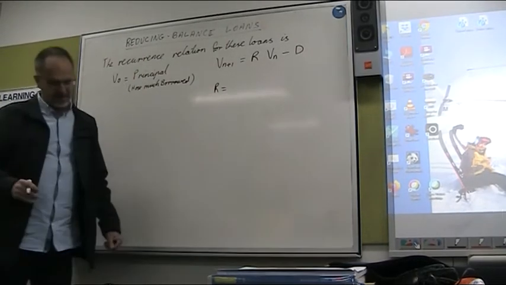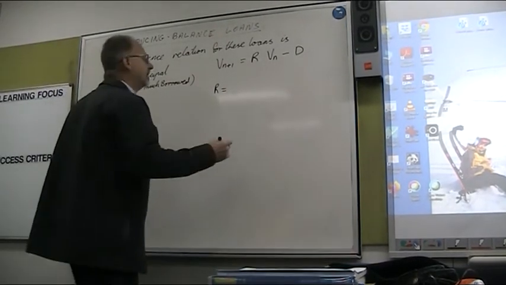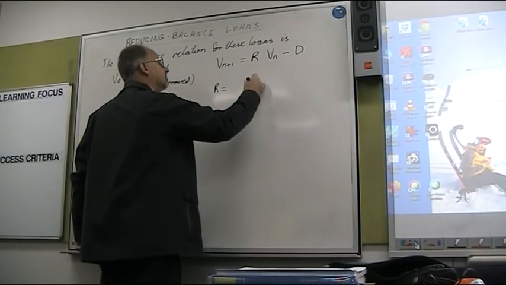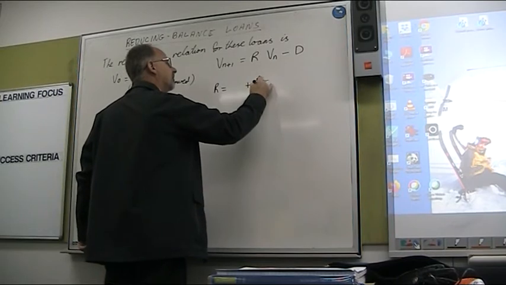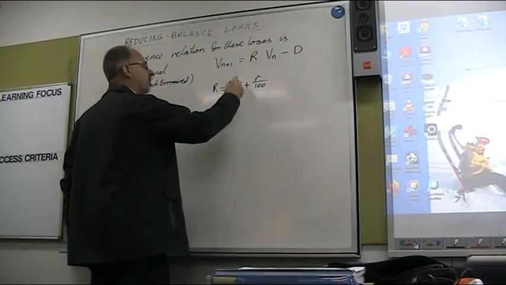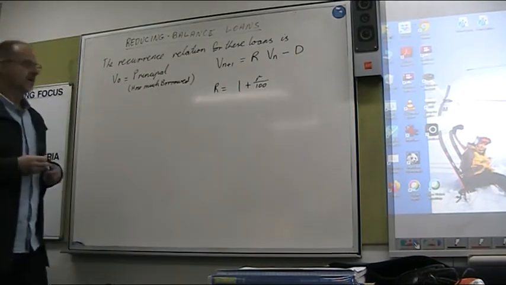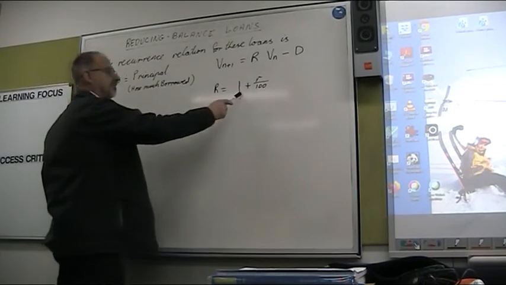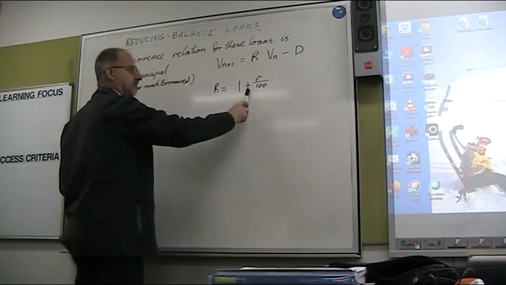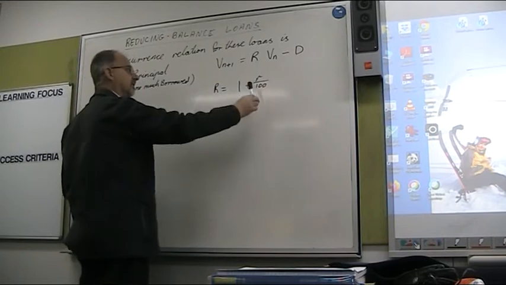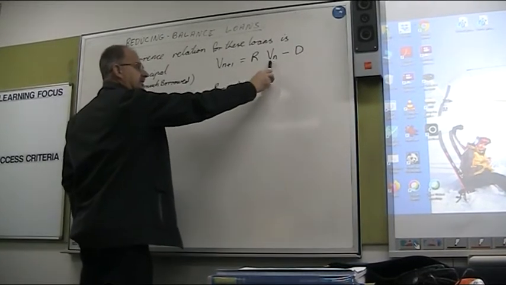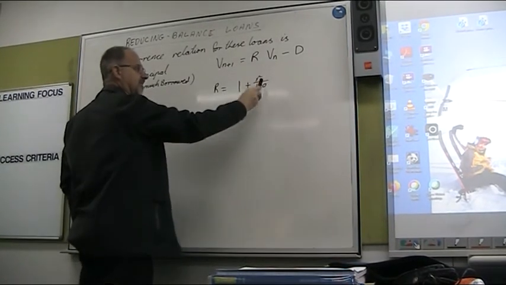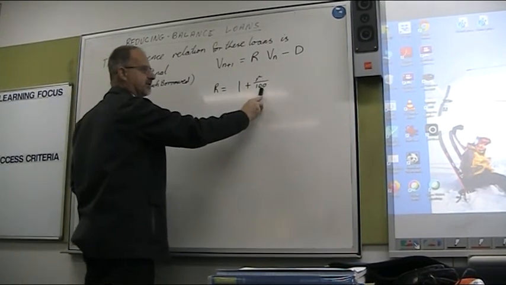Alright, this big R here, what is big R? Big R has to do with our interest rate. That interest rate would be little r over 100, and then it's 1 plus that, the 1 being the value of it, so you still owe this much, plus the interest you've got to pay.